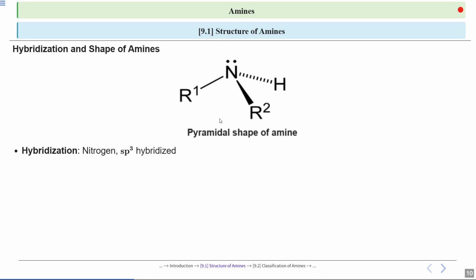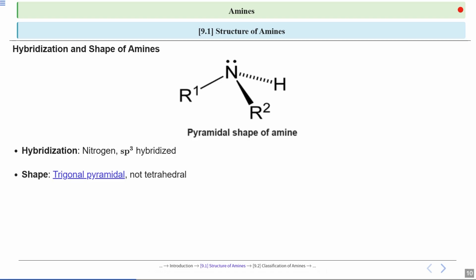How do we calculate the hybridization? Lone pair plus bond pair. We have 1 lone pair and 3 bond pairs. 3 plus 1, 4. That means sp3 hybridization. So the nitrogen is sp3 hybridized. This means 1 s orbital and 3 p orbitals mix to form 4 equivalent sp3 hybrid orbitals.